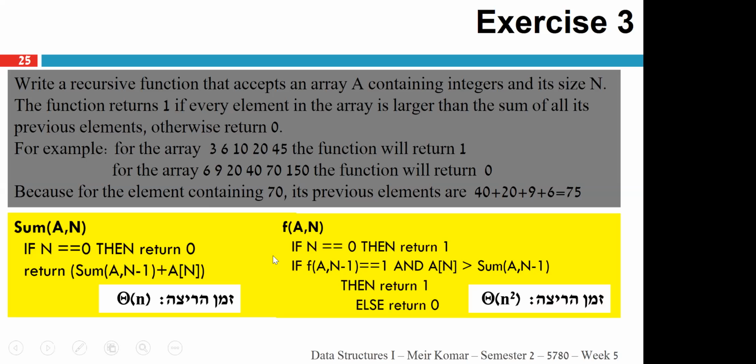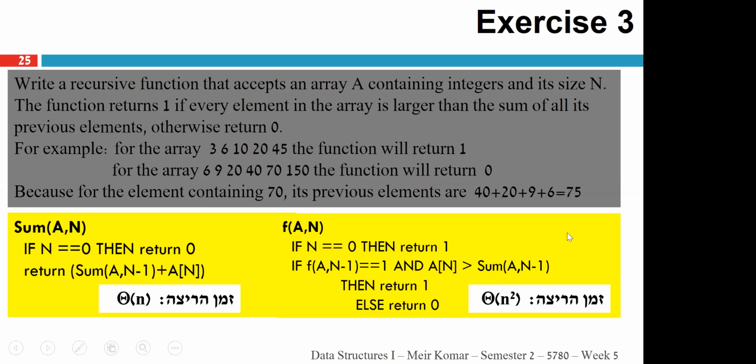Because I'm going to do this n times, and for every one of these, I'm also going to call sum. Sum costs me n. Because I'm calling this function sum inside this recursive function, it's like I have a loop here. If I had this as a loop, you'd say straight away it's n squared. So instead of a loop, it's a recursive function that costs me n, so it's n squared.